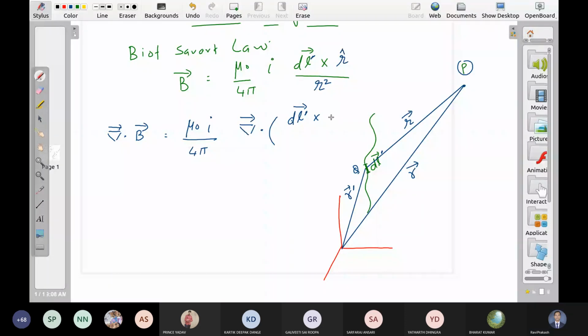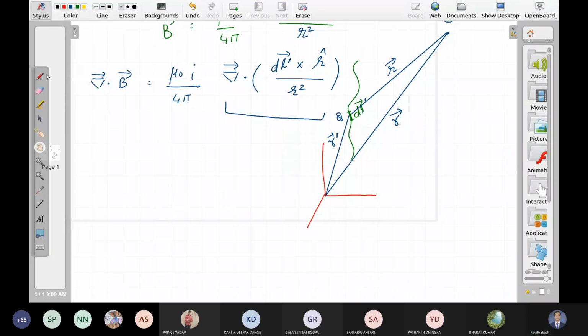Now let me write it as it is, r cap upon r square. Now what is this quantity? Can I simplify it further? Or in simple terms, what is the meaning of this quantity?